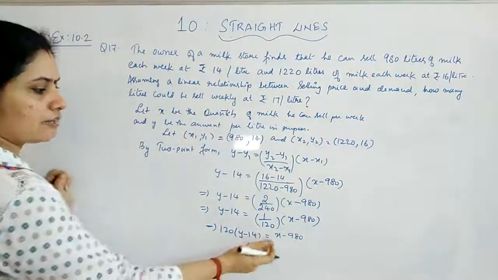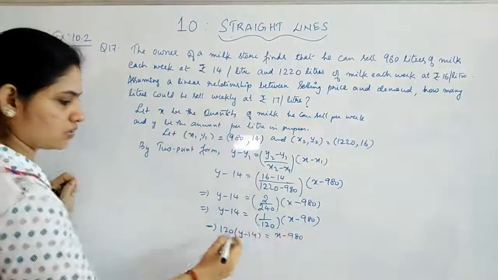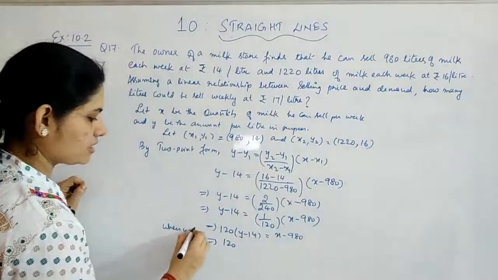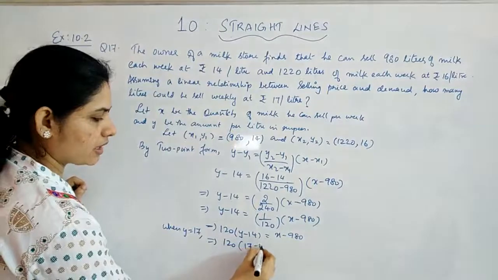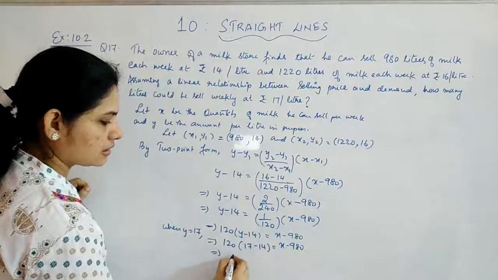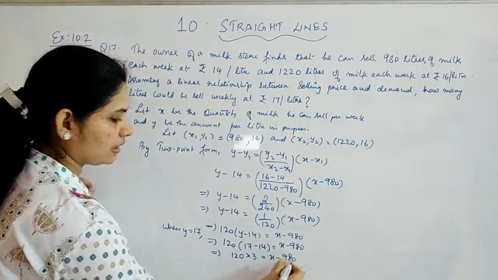So we are just replacing y with 17 in order to get x. So 120 into 17 minus 14 is equal to x minus 980. That is 120 into 3 is equal to x minus 980.